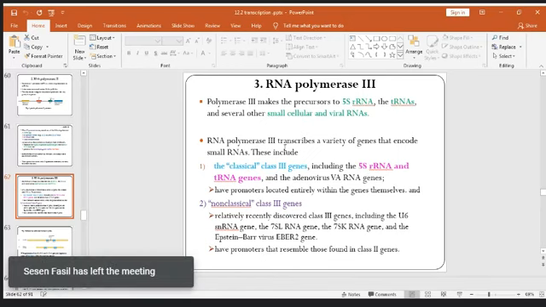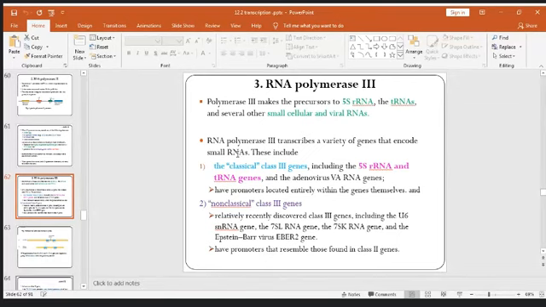RNA polymerase 3 transcribes a variety of genes that encode small RNA. These are the classical class 3 genes we saw. They include the site for synthesis of 5S ribosomal RNA and transfer RNA genes, and viral RNA genes are included. They have promoters located entirely within the genes themselves.